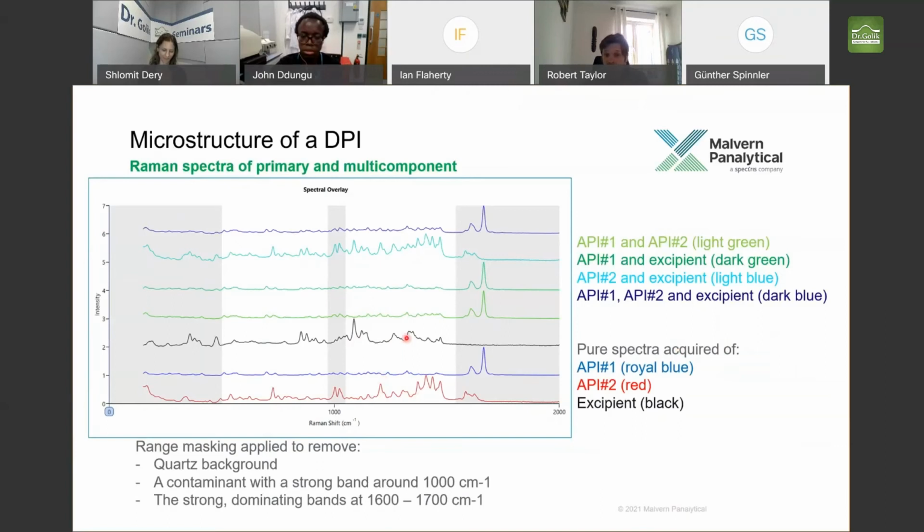But you can have combinations of these 3, and that's what you see in the top 4 spectra: combinations of APIs 1 and 2, API 1 and excipient, API 2 and excipient, and then all 3 together. The idea is that should you get one of these hybrid spectra, you can say that particle was a multi-component agglomerate of 2 or more particles, and this is how we determine what they are.